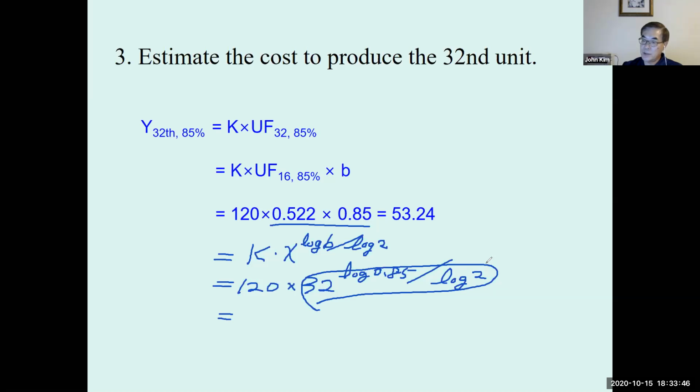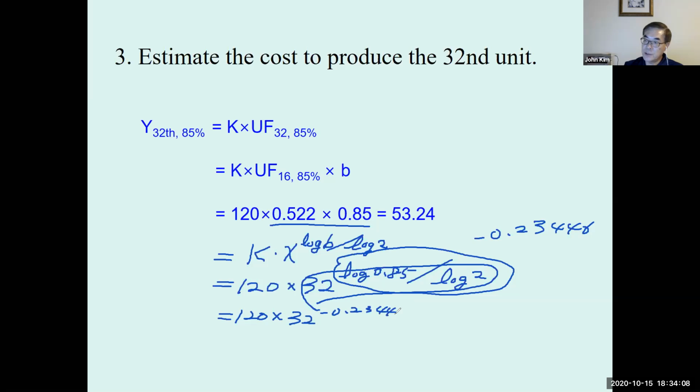So this part is negative 0.23446 and so on. So 120 times 32 to the power of negative 0.23446 and so on. That will be power 32.